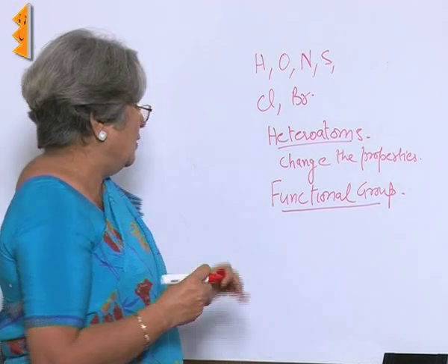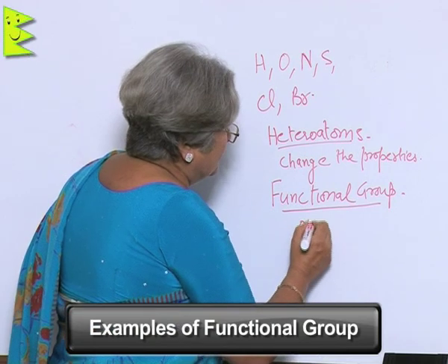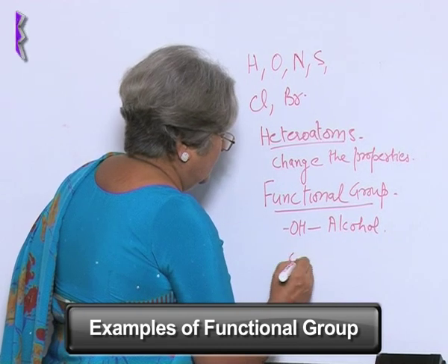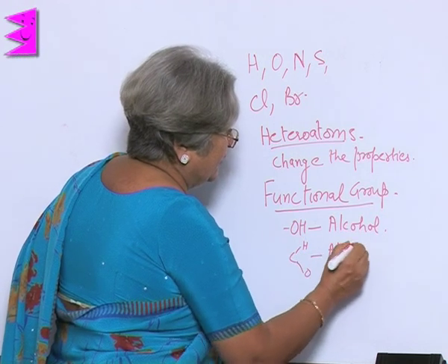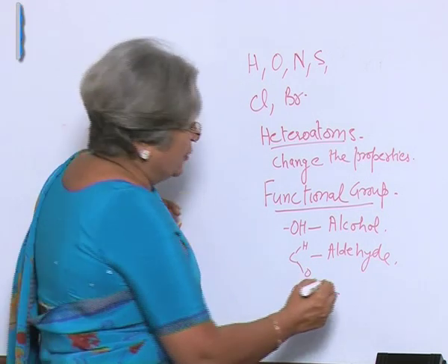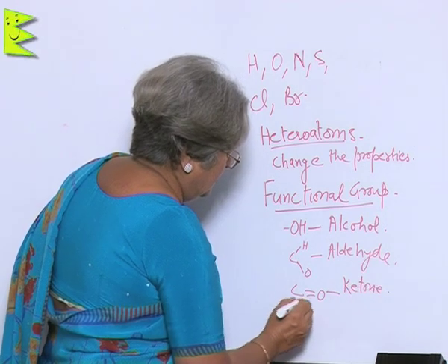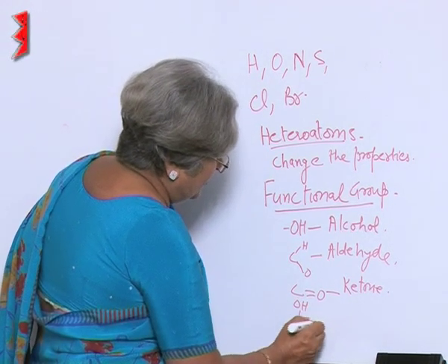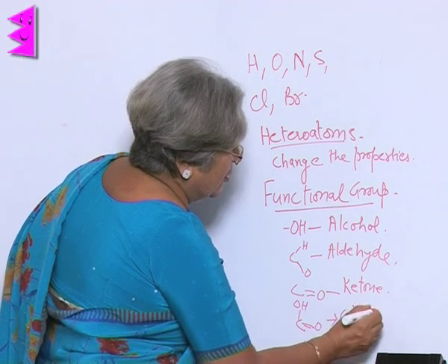So in this case also what we find is that there are functional groups, like for example OH is for alcohol, CHO is for aldehyde, C double bond O is for ketone, C with one bond with hydroxyl and one with oxygen, and this forms carboxylic acid.